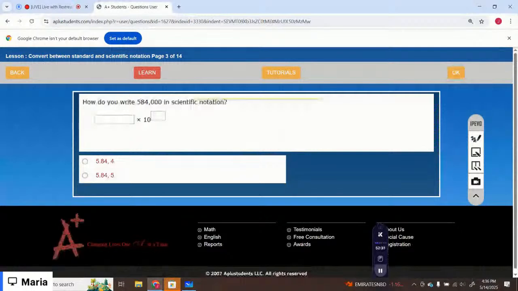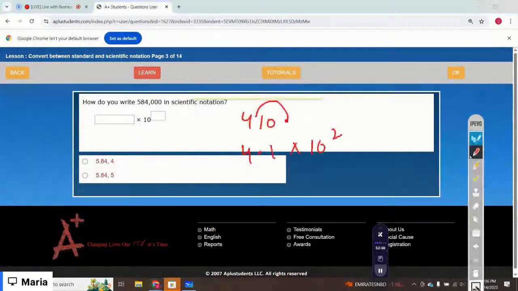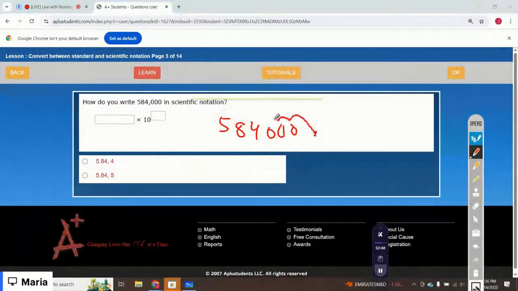How do you write 584,000 in scientific notation? Let's see how many places we have to move the decimal point back. The decimal point is here. We count one, two, three, four, five.